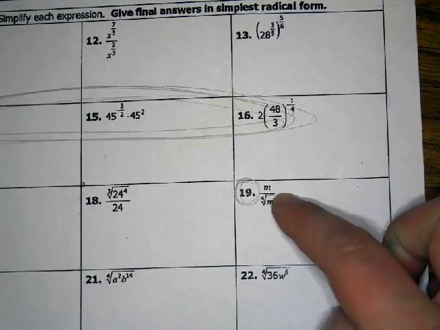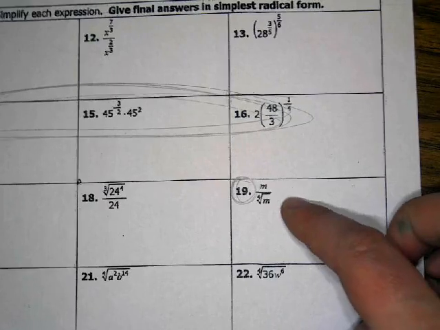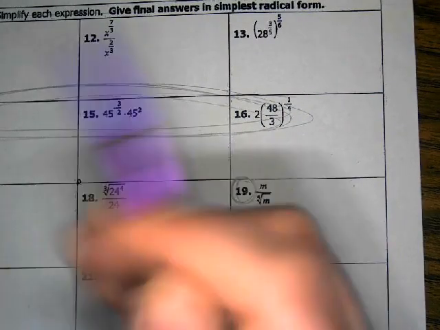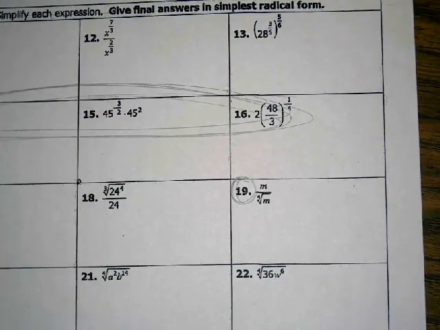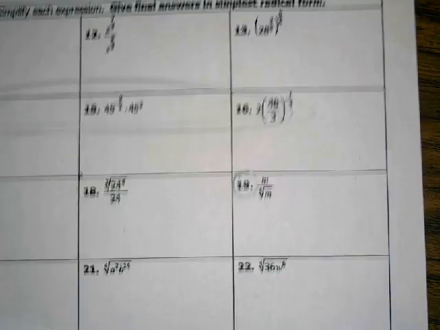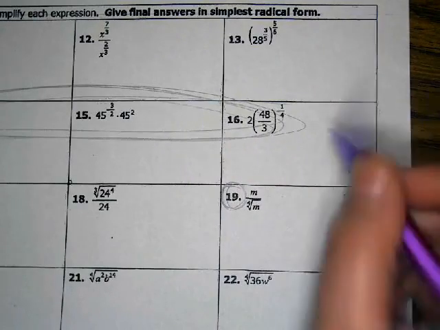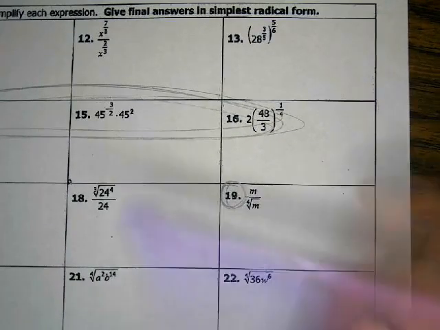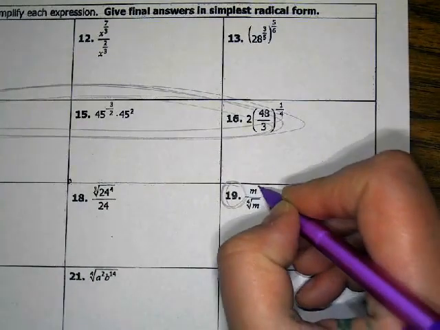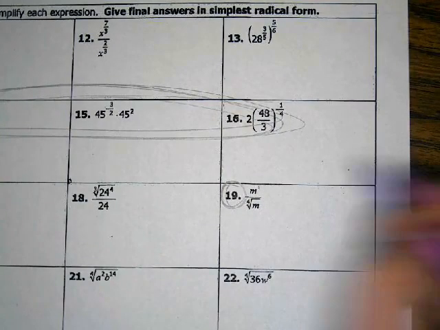The first thing we have to do is write it in the exponential form. So what is the exponent on top if no exponent is written? 1, okay. And then what is the exponent on the bottom?